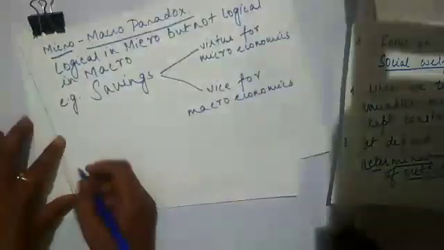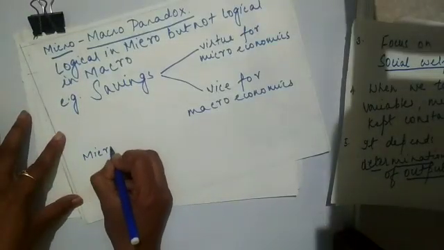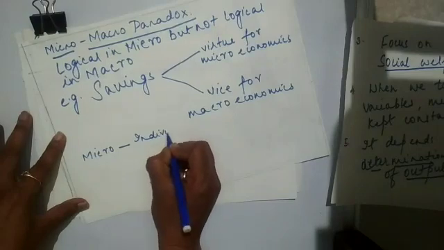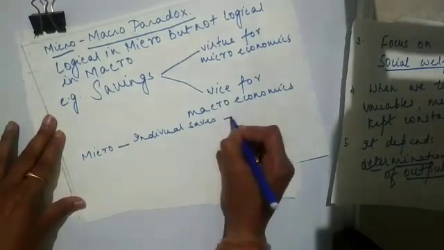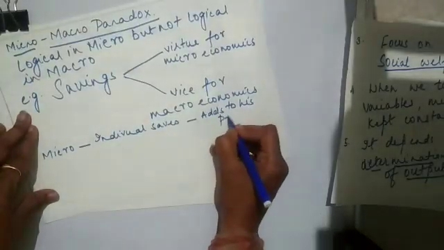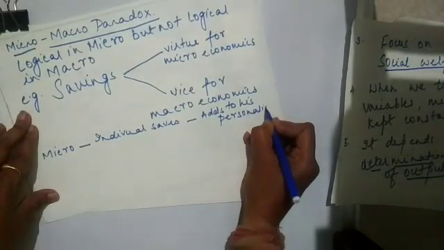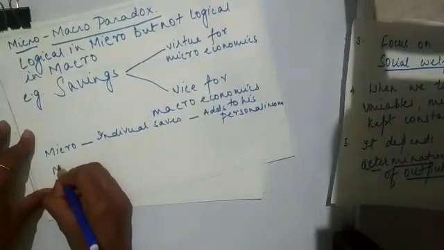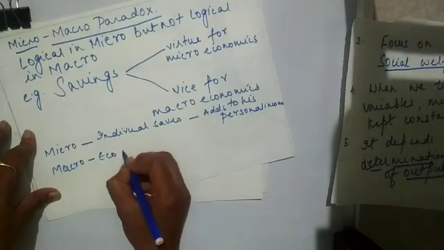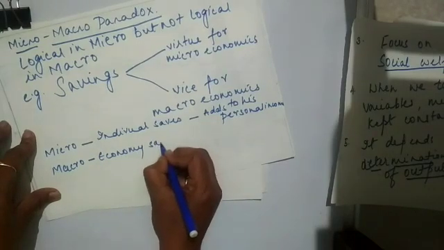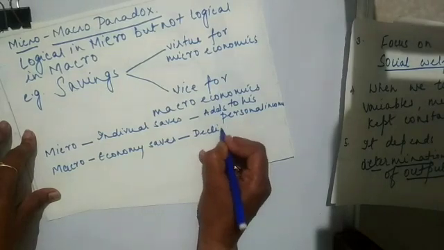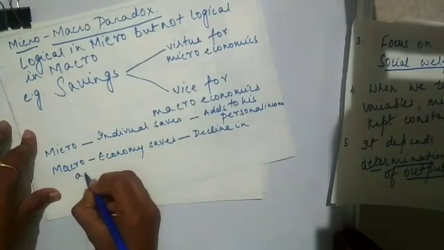Now, in microeconomics, if an individual saves, it adds to his personal income, and in macro, if the nation or economy saves, it leads to decline in aggregate demand.